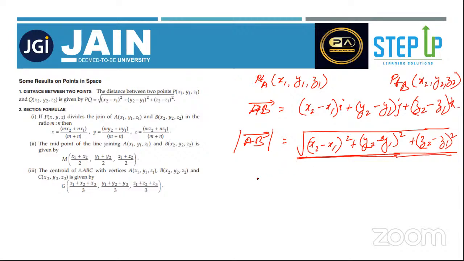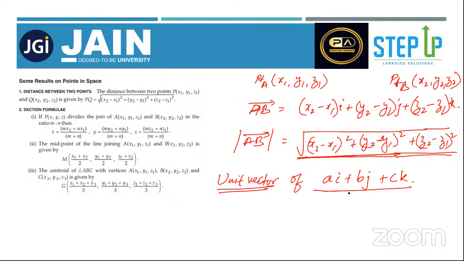Now let's suppose I have to find the unit vector of a vector AI plus BJ plus CK. What will be the unit vector for this? The whole vector divided by root under A square plus B square plus C square.